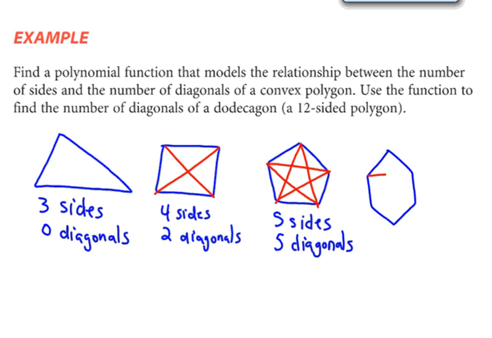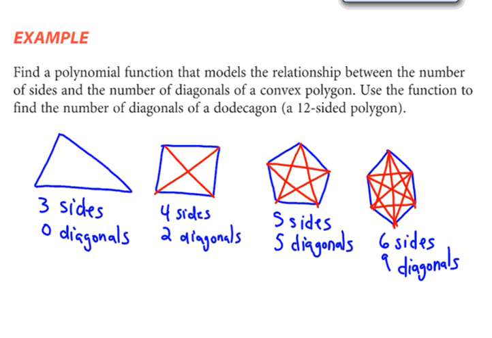And we have 1, 2, 3, 4, 5, 6, 7, 8, 9, and that's it, 9 diagonals. So 6 sides and 9 diagonals.